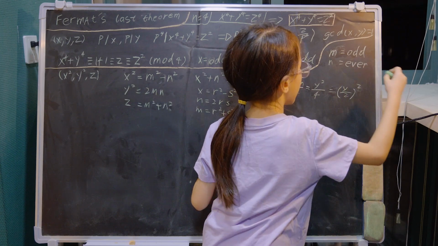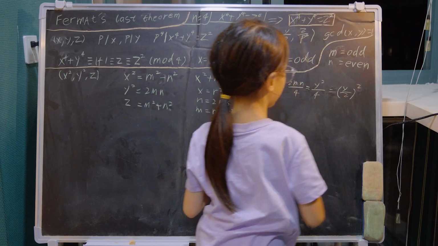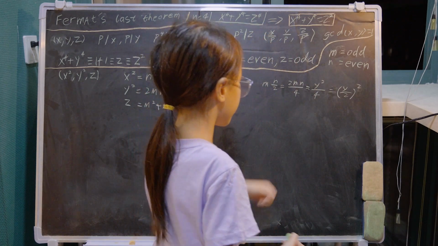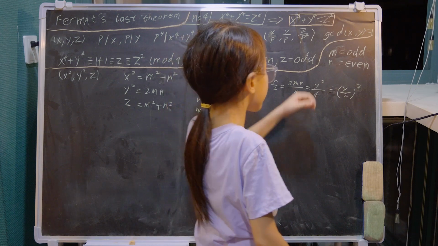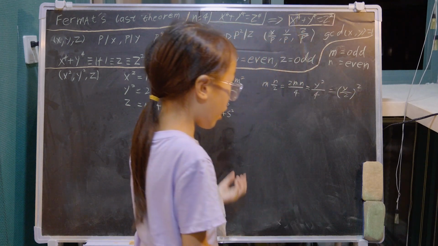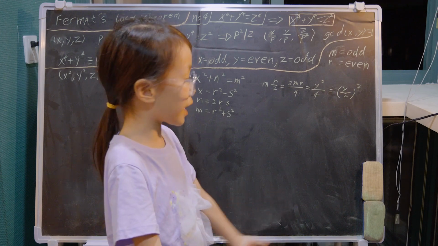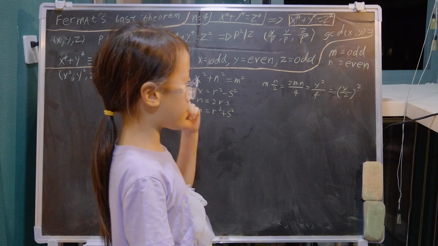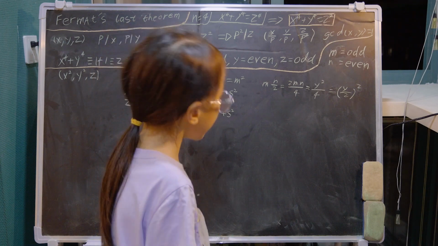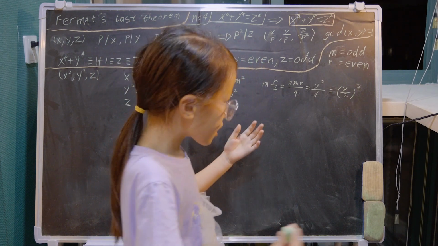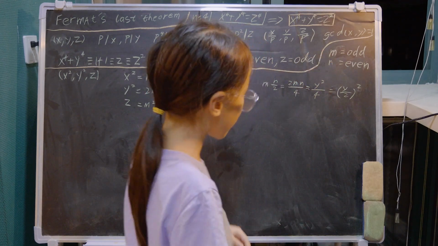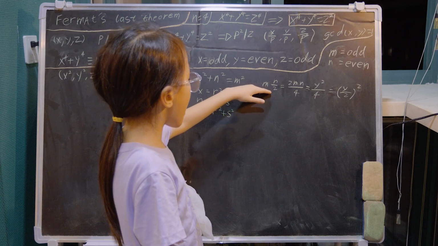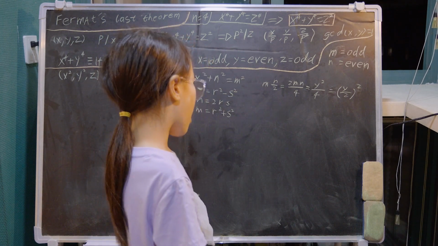So if they need to be relatively prime, n is even, and m is an odd number, so an odd number doesn't have a factor 2. So m and n are relatively prime. So m and n divided by 2 are relatively prime too.